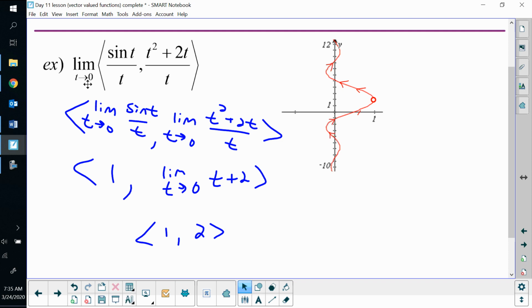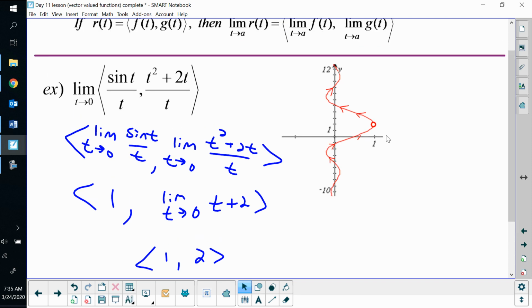So this is saying when t approaches 0, this vector valued function should approach 1, 2 as a component form terminal point. Now, you won't actually have a point there on the graph, as you notice by this open circle, because when t would be 0, that's not part of the domain of either of those. So that's why there's an open circle there, but the limit allows us to see what it is approaching on the graph.